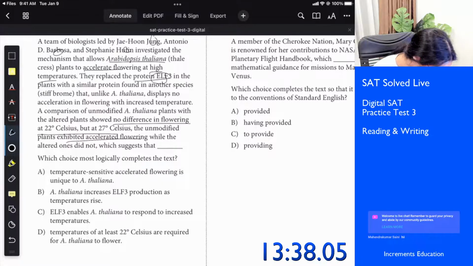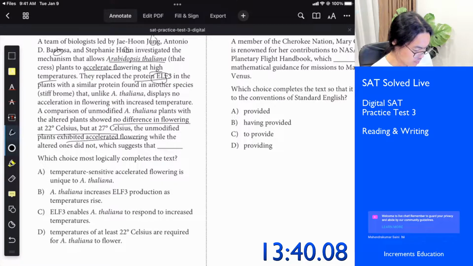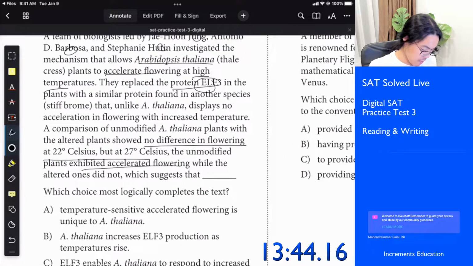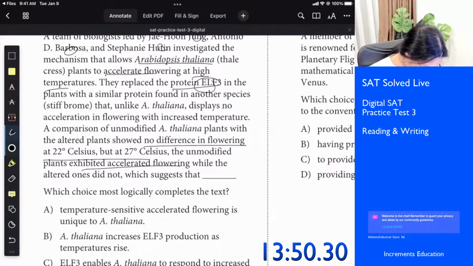Hang on, I'm lost. Well, the altered ones, oh, I see. The altered ones are the ones that were replaced.